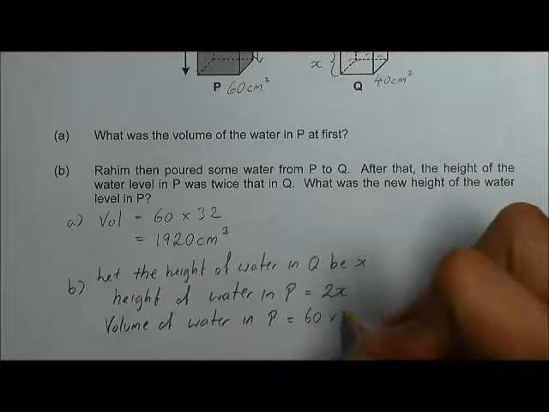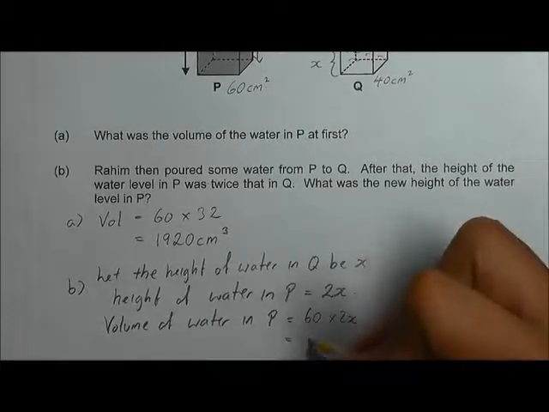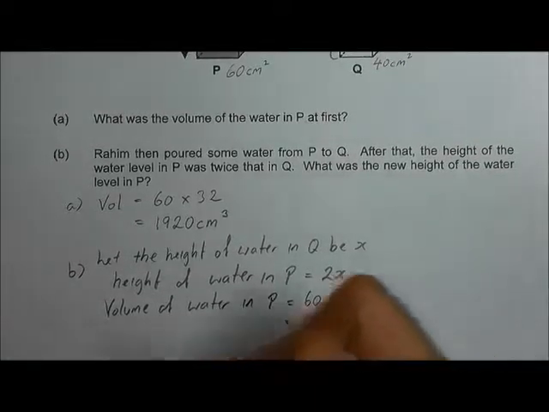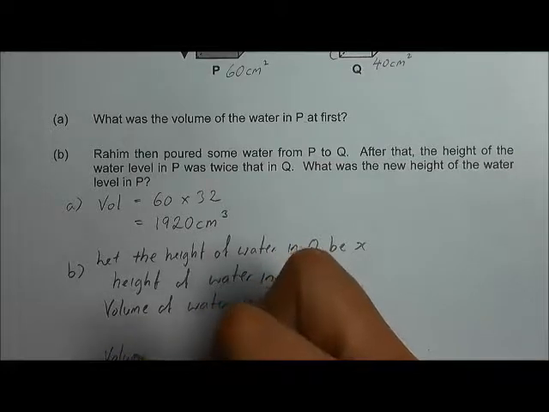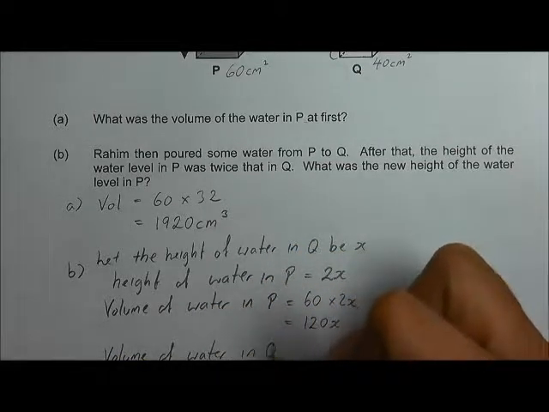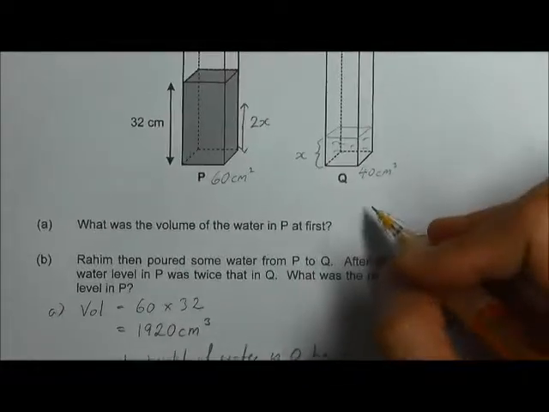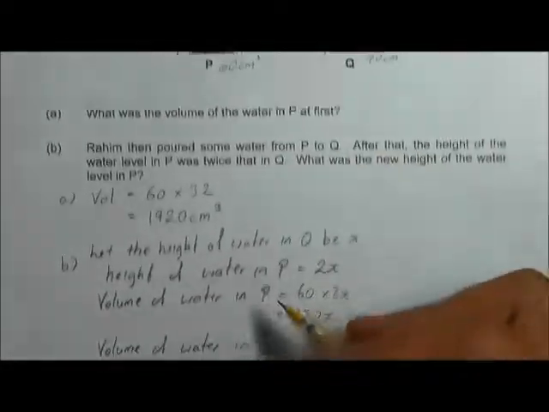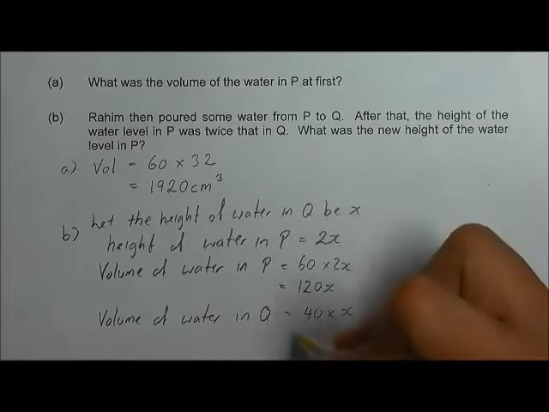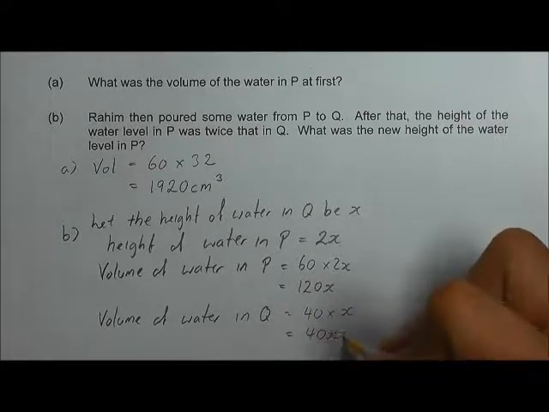So 60 times 2x, we have 120x. We do this for Q as well. The volume of water in Q will be the base area times height, so it is 40 times x, which is 40x.